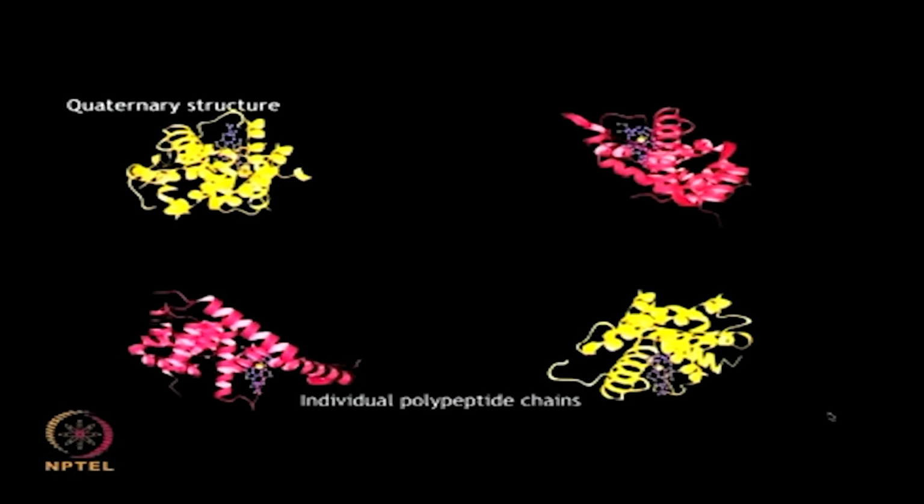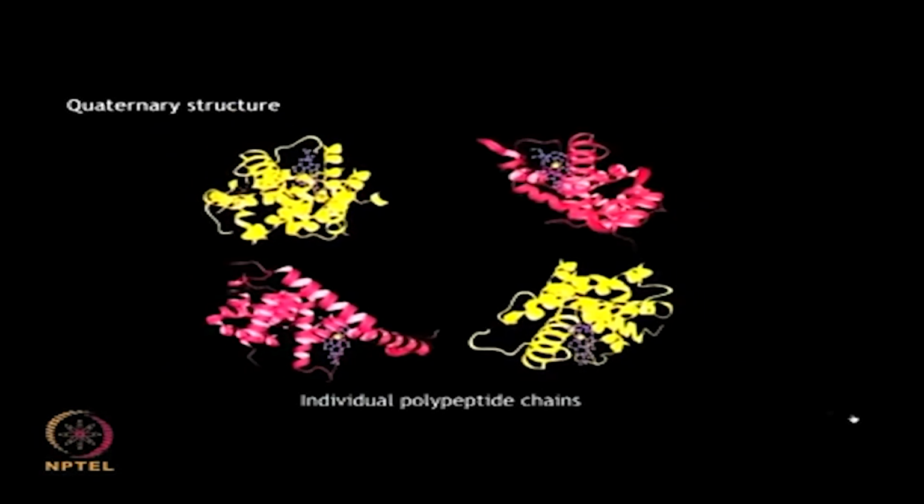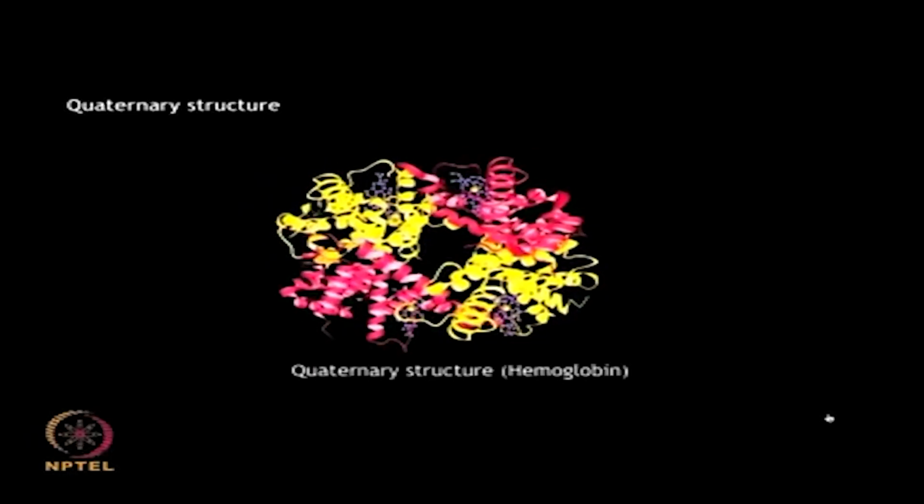Different subunits or polypeptide chains interact with one another and are held together by means of ionic, electrostatic, van der Waals, etc. interactions. Such multi-subunit proteins have a quaternary structure, which is the final level of protein structure.